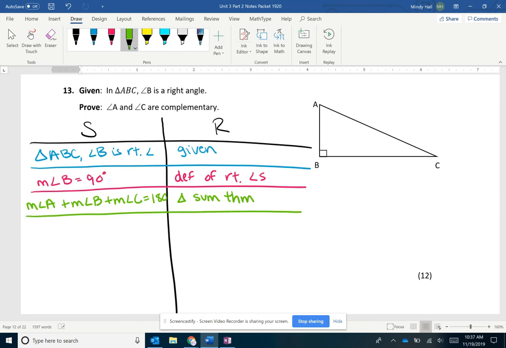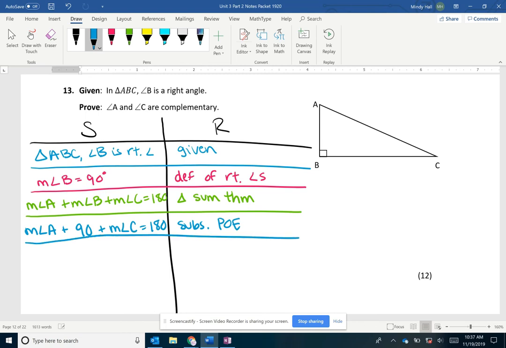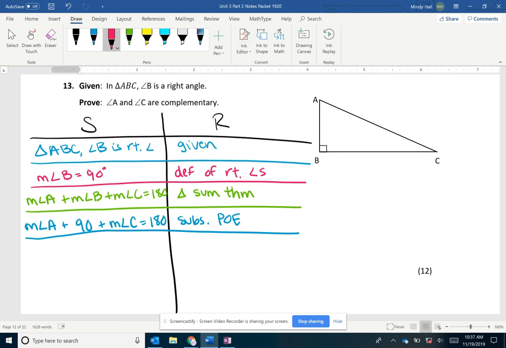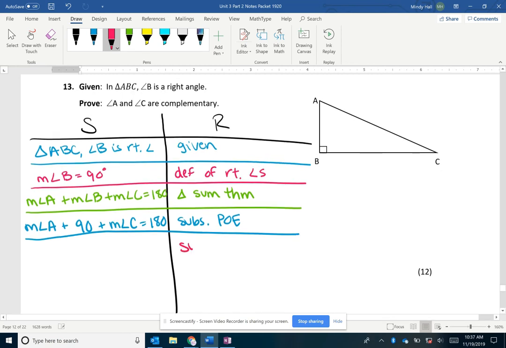Okay. And so then I have the measure of angle B is 90, so I can substitute that in and have measure of angle A plus 90 plus measure of angle C equals 180 because of substitution property of equality. And then, if you haven't noticed, a lot of the times after substitution, my next reason is going to be the subtraction property of equality, and that is because we usually subtract.